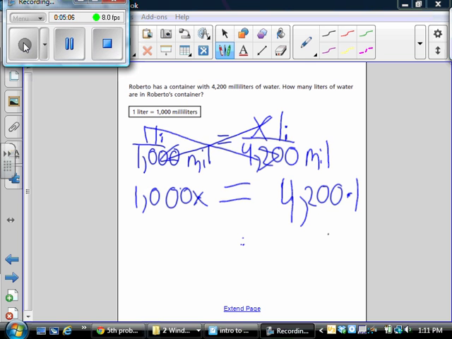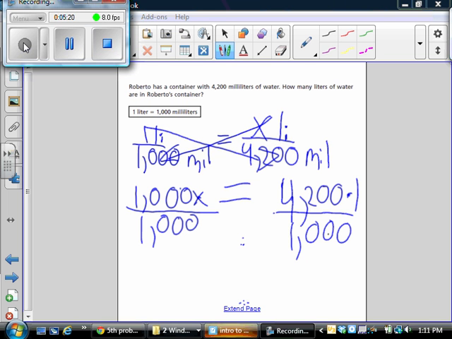Now we're going to make this into a one-step equation and make x on its own. So now we're going to write both sides down. So now on this side, 1,000 divided by 1,000 is 1, so x will be on its own.